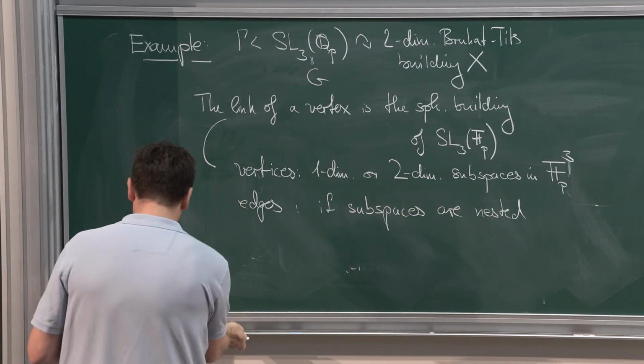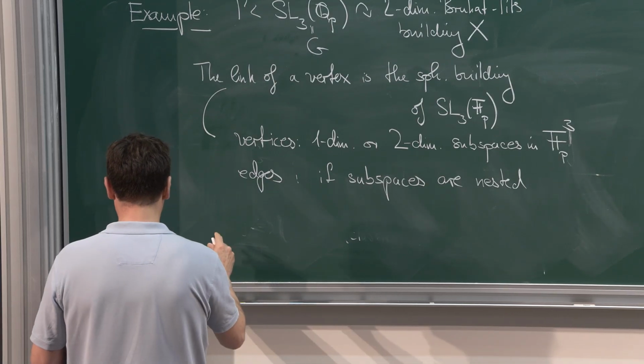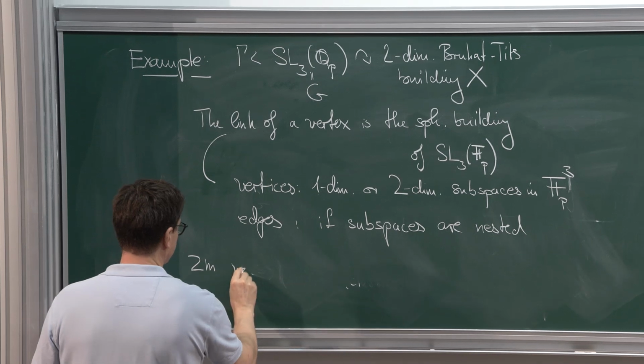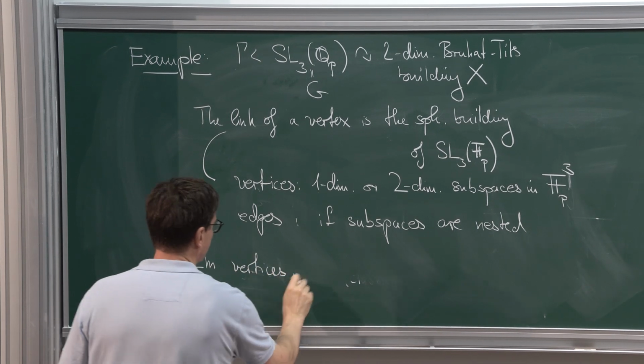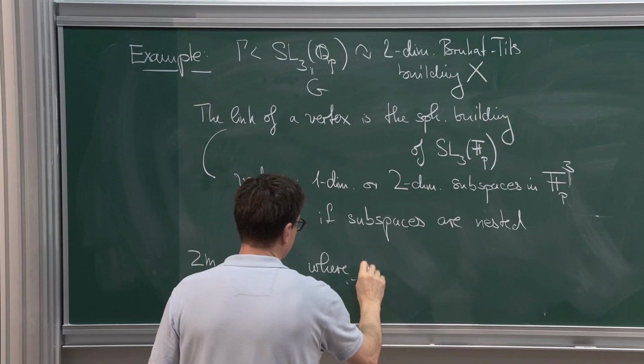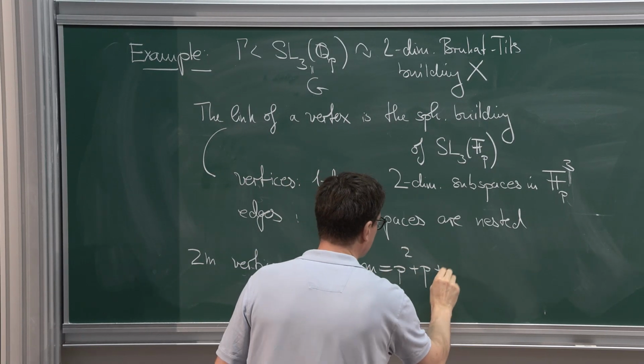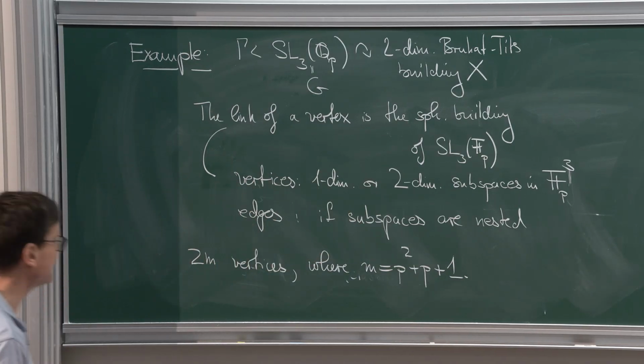Okay, so let me just write this down. So you have 2M vertices, where M, so there are some implicit exercises here that you might know from linear algebra.